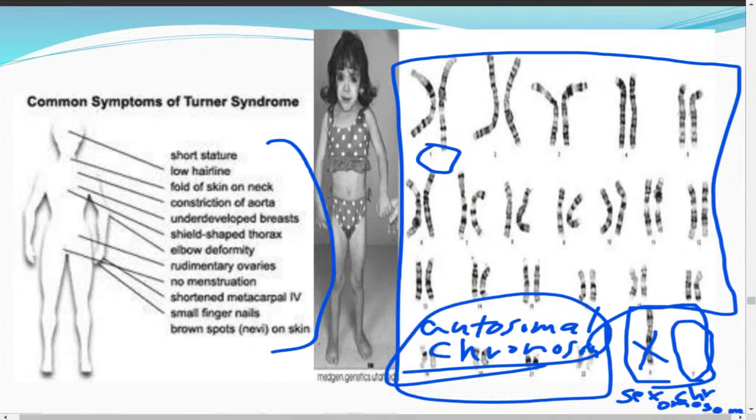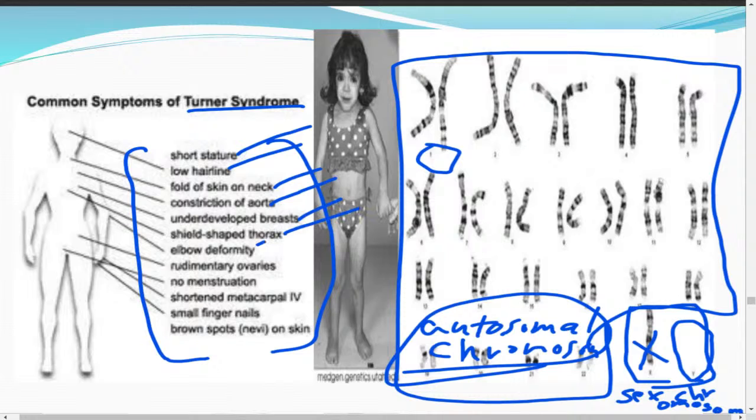We can see the problems of Turner's syndrome: short stature, low hairline, fold of skin of the neck, constriction of the aorta, undeveloped breasts, shield-shaped thorax, elbow deformity, etc.